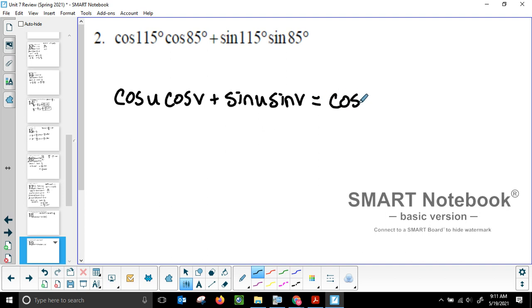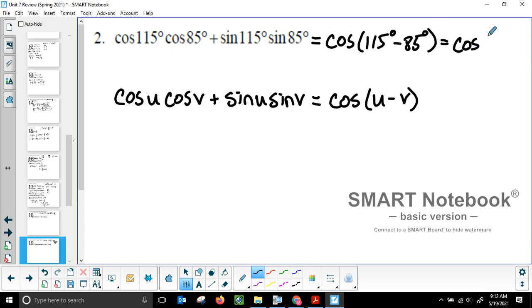That is equal to the cosine of u minus v. My u in this case is 115. My v in this case is 85. So this is just equal to the cosine of 115 degrees minus 85 degrees, which is equal to the cosine of 30 degrees, which, looking at our unit circle, is the square root of 3 over 2.